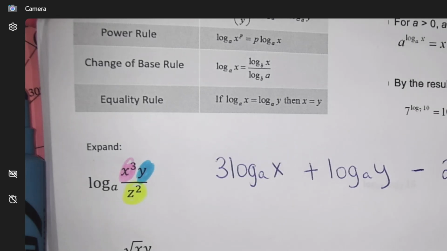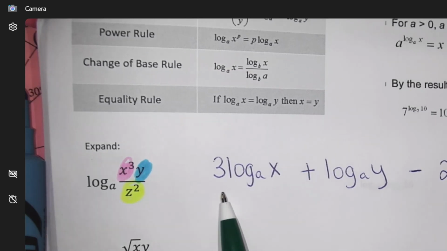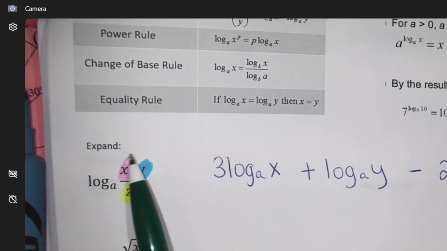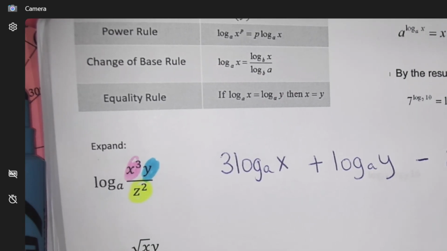Okay, so you split multipliers with adding. You split dividers with subtracting. And if there's an exponent, you can move it to a multiply instead. Multiply by 3 instead of exponent 3. Multiply by 2 instead of exponent 2. Okay, kind of see it?